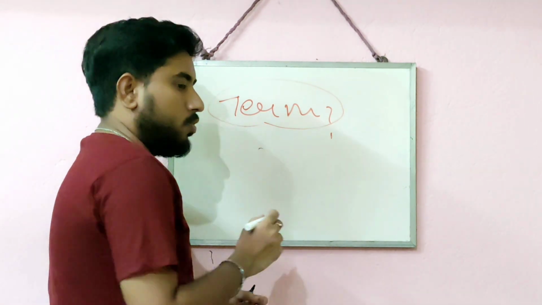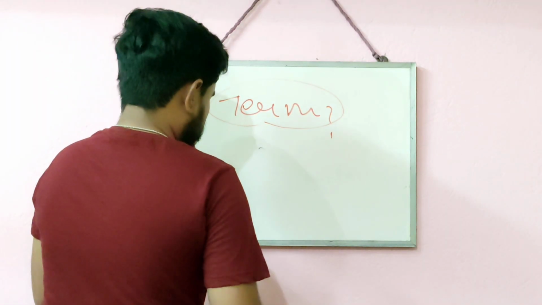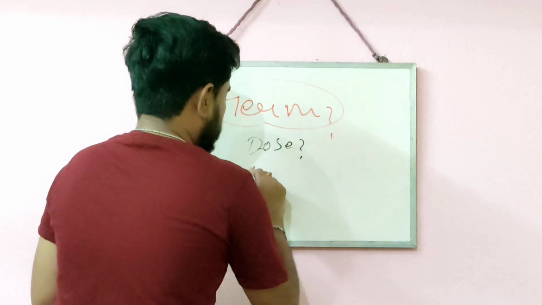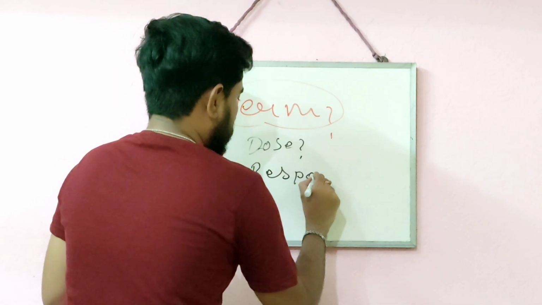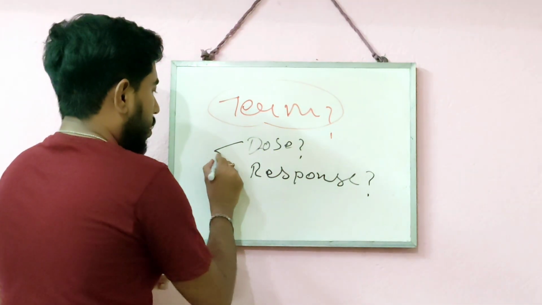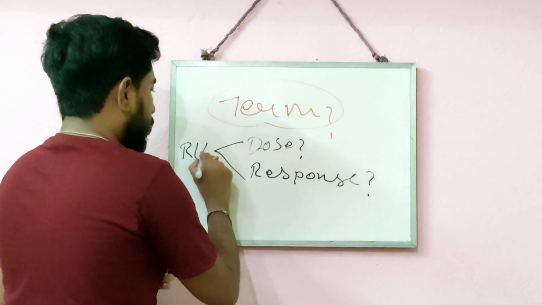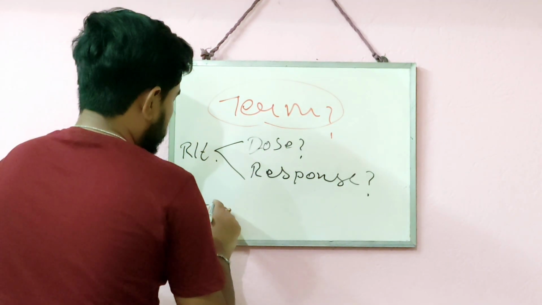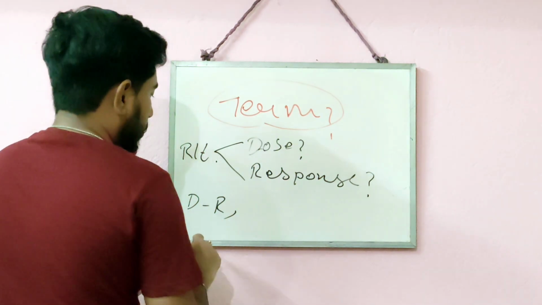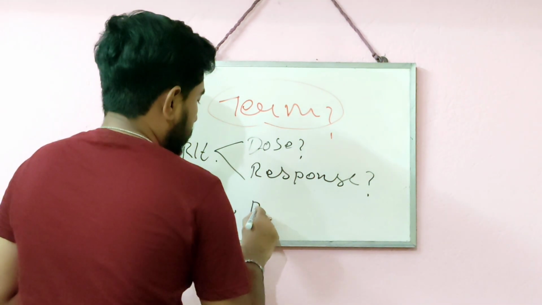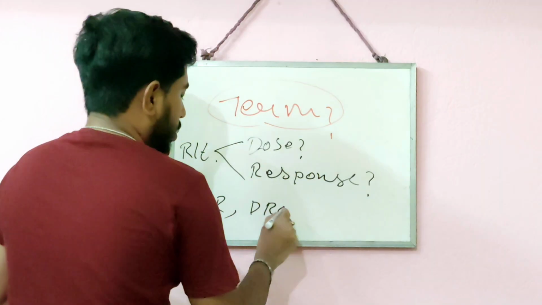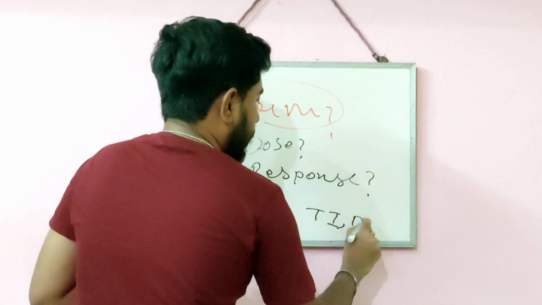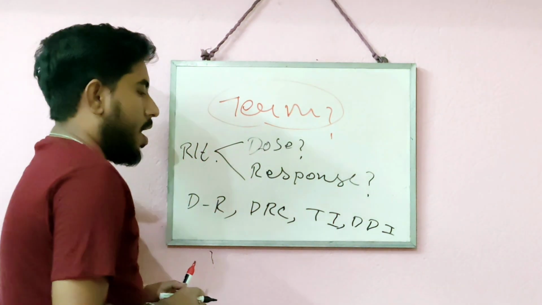The terms that we have to remember are dose, then what is response, then the relationship between dose and response, then the drug response relationship, then the drug response curve, and then we will study therapeutic index and different drug interactions in the upcoming videos.